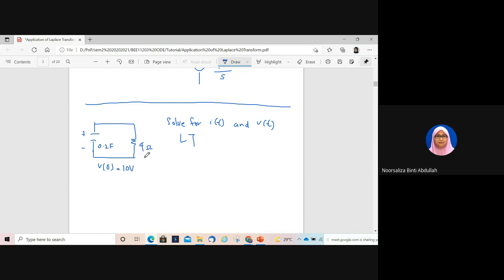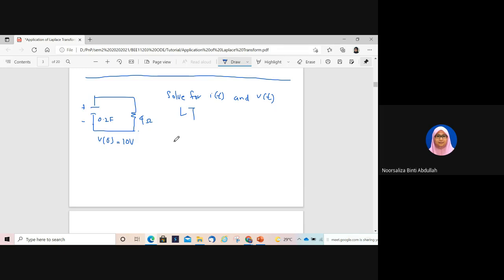You change this circuit into the equivalent frequency domain circuit. You have a capacitor here. For capacitor, the circuit will be like this: you have a C, and then you have the voltage here, and then here you have the resistor.